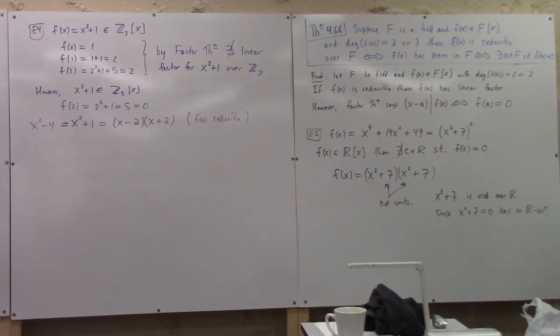So anyway, there's an example of this. I have another example in the notes. I should warn you, cautionary tale. By the way, f of x equals x to the 4th plus 1 has f of x bar in Zp[x] reducible for all primes.